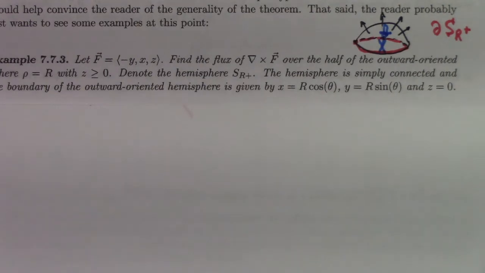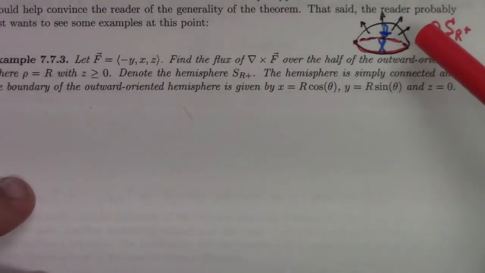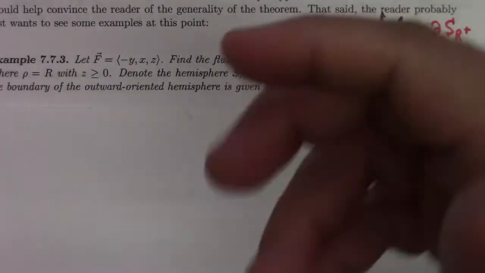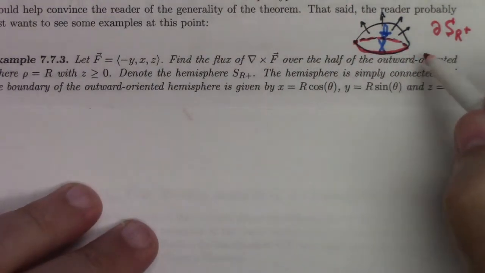So Mr. Top Hat is walking along the edge. If he's on top, and he's walking in the positive sense, then the surface should be on his left. So that's the rule. If you imagine yourself walking around the boundary in the positive sense, the surface should be on your left. And so that means that it goes this way.